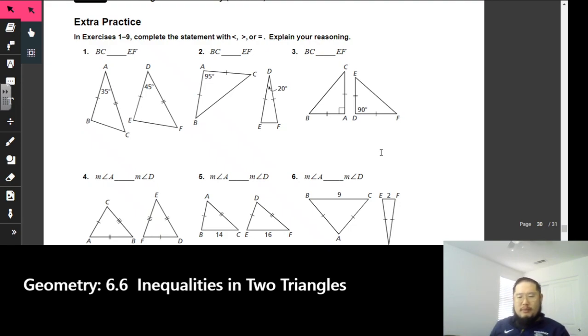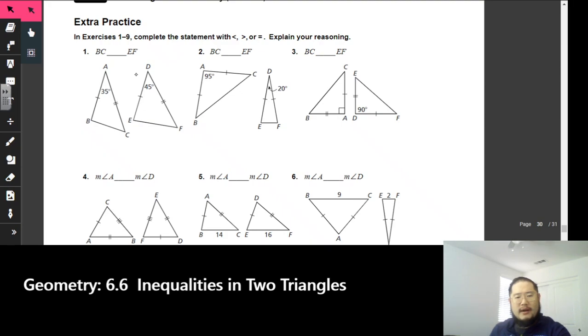It also says to explain your reasoning, so make sure that when you do your homework, you also give a reason justifying your answer. Right here, we have two sides and an included angle. Let's take a look at the angles. Angle A is 35 and angle D is 45.